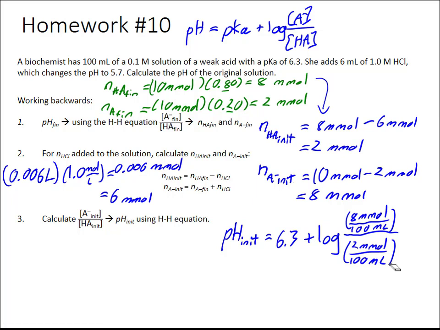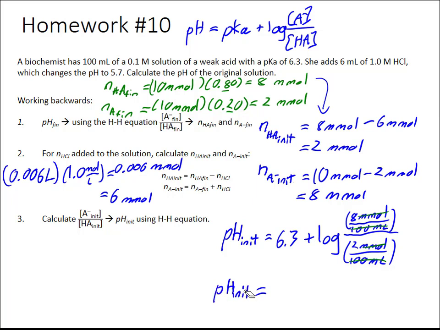Now note that all these, the volumes and these units actually cancel out. The most important thing is to know that the ratio of the initial solution was 8:2 base to acid. The ratio of the final solution after adding the HCl was 2:8 base to acid. So we just reversed that ratio in a sense, which is a coincidence, but that the numbers match, but it is what it is.